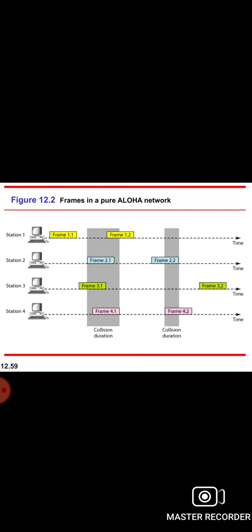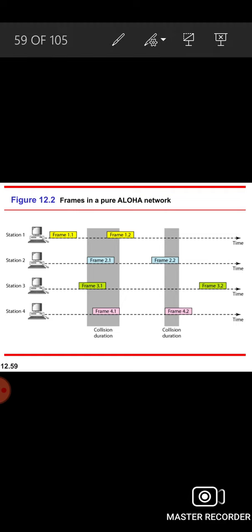Only 2 frames will survive, that is, frame 1.1 from station 1 and frame 3.2 from station 3. We need to mention that even if one bit of a frame coexists on the channel with one bit from another frame, there is a collision and both will be destroyed.